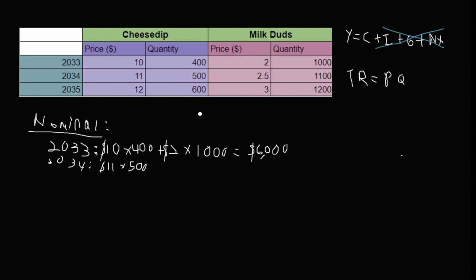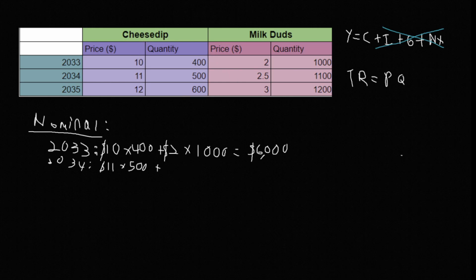The goal of real GDP is to only look at the changing quantity and not the changing price. We want to ask, is the economy growing? We want to isolate the growing economy and selling more stuff from how much price is rising.